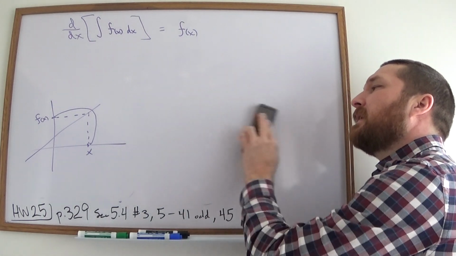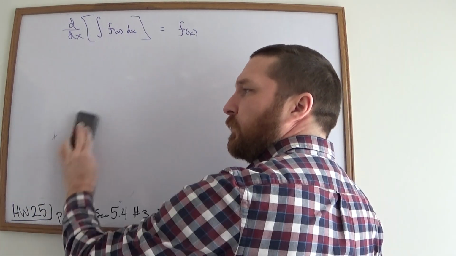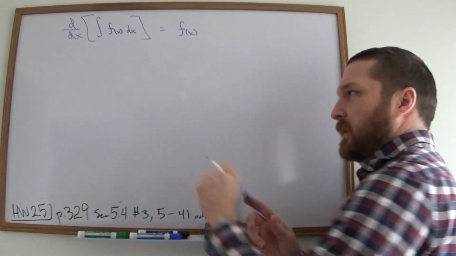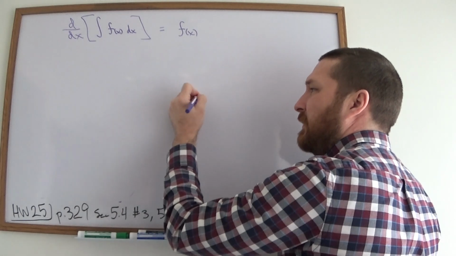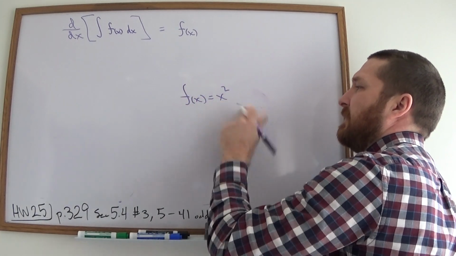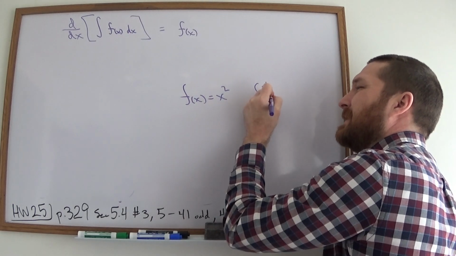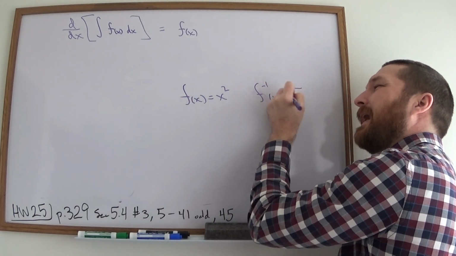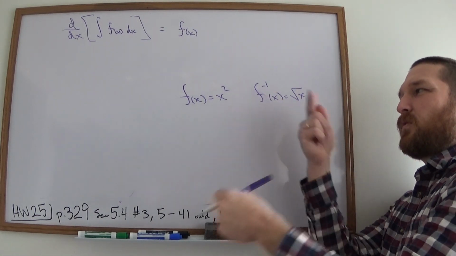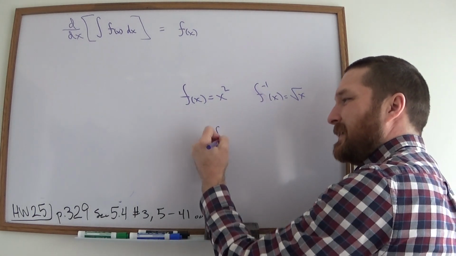I think we might have done an example with the square root of x. Right? Because that doesn't always work. Like, if our f is x squared, then f inverse is kind of like the square root, but it doesn't always work, because of negatives.